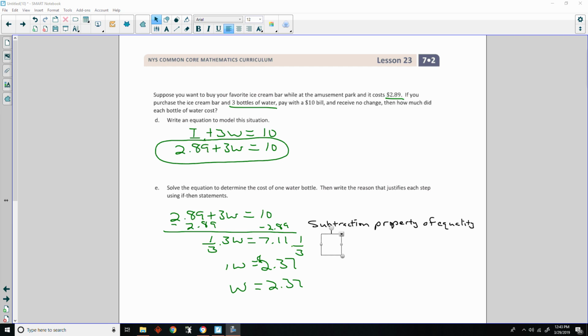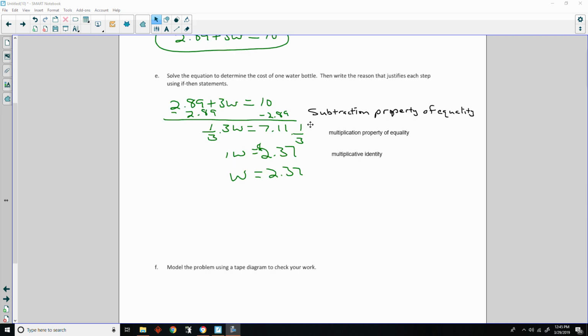Okay, so multiplying both sides by 1/3 is the... Okay, so subtraction property of equality was this, but if I actually put this in here, let's just do it. This would be 289 minus 289 is 0 plus, and that would be the additive identity.